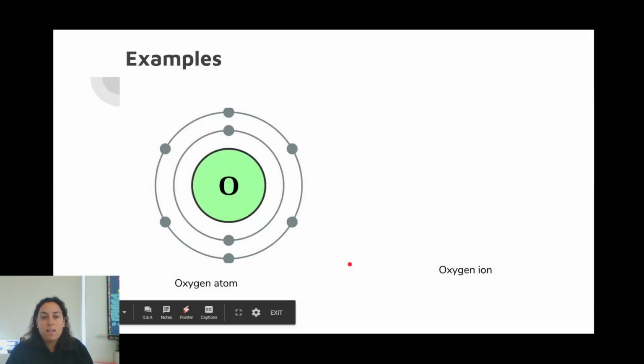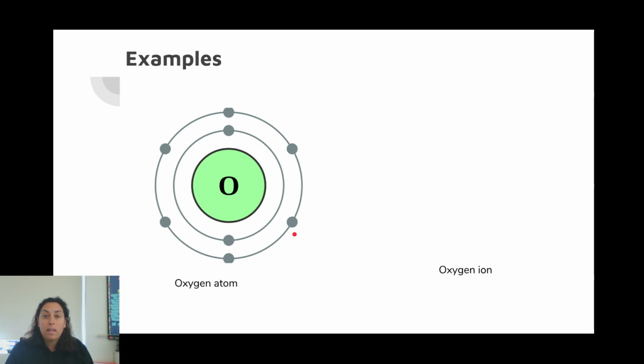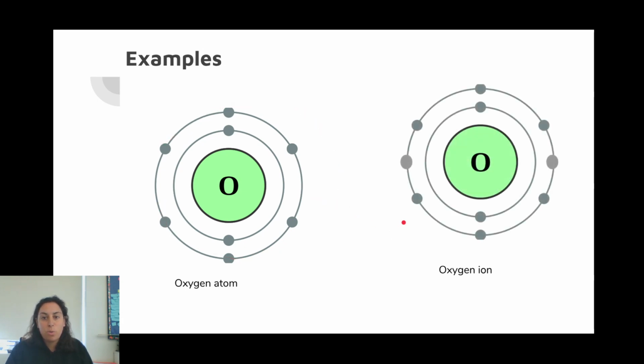Next slide, we have an example with the oxygen atom. In oxygen, we've got a full shell in the middle, and then only 6 electrons in the valence shell. Oxygen has 2 choices again as well. It can either go and find 2 more electrons, or it can get rid of all 6. So it's going to do what is easiest, and that is to find 2 more electrons, to then have a full valence shell of 8.